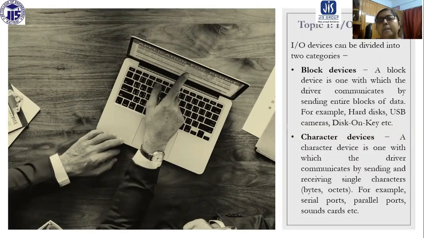The entire block of data cannot be communicated using the driver. So here the communication is done character by character, and in the case of block devices, the entire block can be sent.